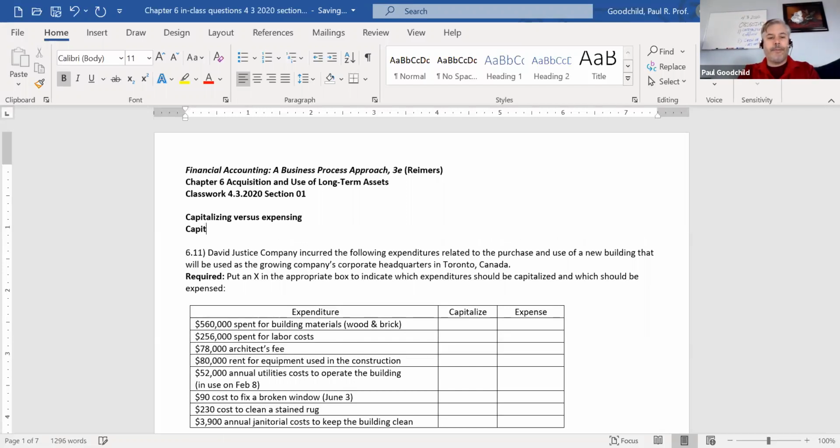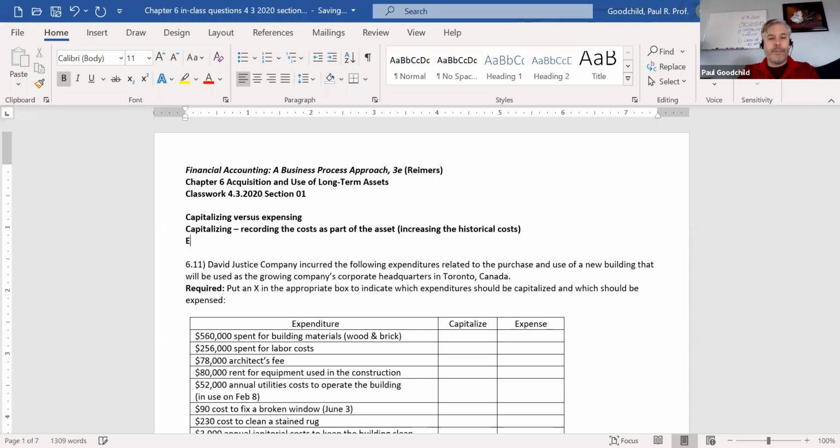Capitalizing is recording the costs as part of the asset, increasing the historical cost, whereas expenses flow through to the income statement.